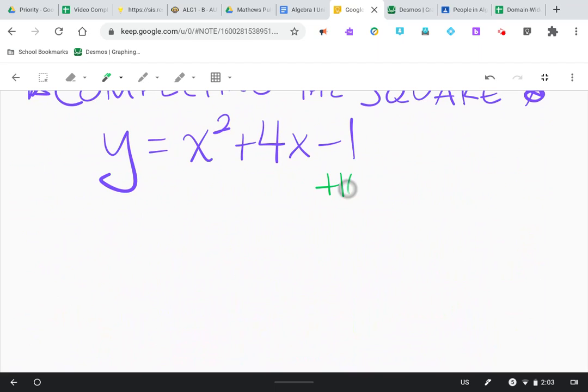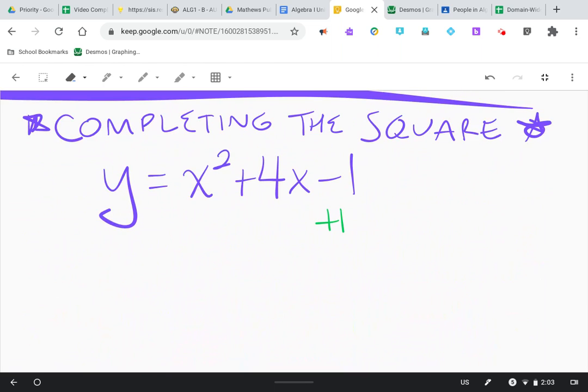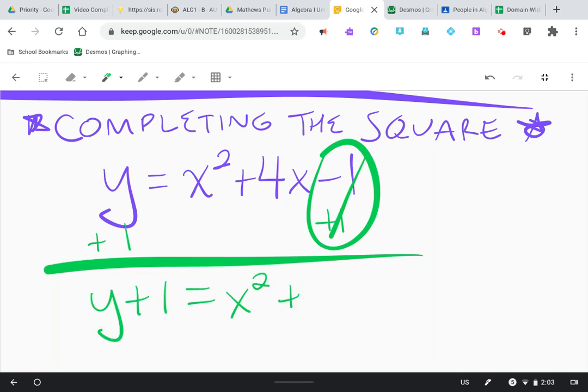So pretty straightforward. We're going to add 1 to both sides of the equation. That's always step 1. You've got to get rid of this term there. So we end up with y plus 1 equals x squared plus 4x.